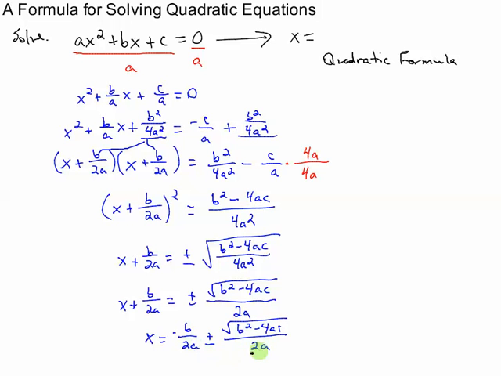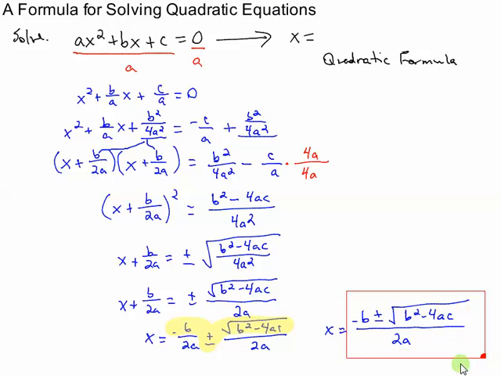And these have a common denominator, so I can put this whole thing together over 2a. So I'll have negative b plus or minus the square root of b squared minus 4ac on top, all over the common denominator of 2a. And this is the formula for what x equals.